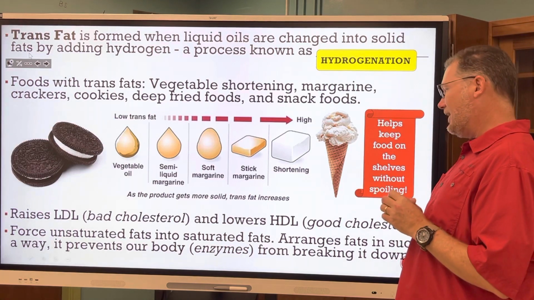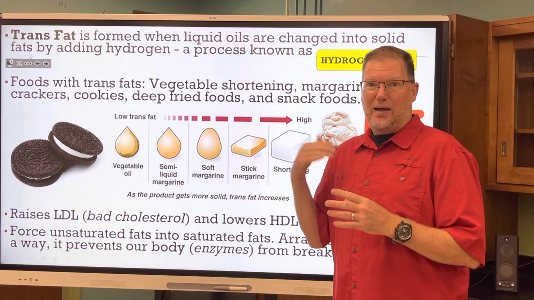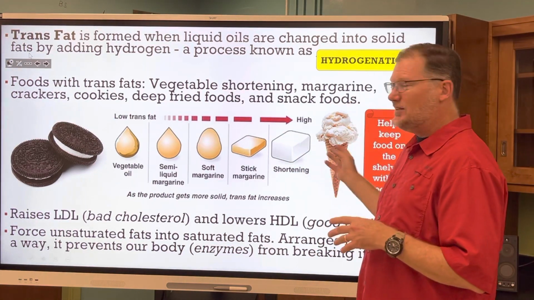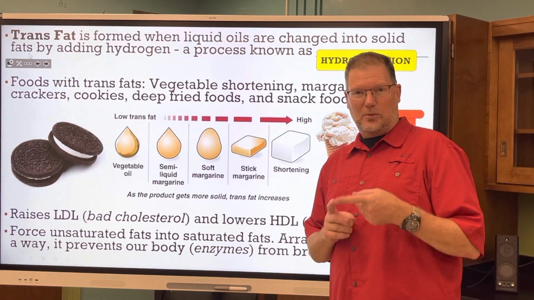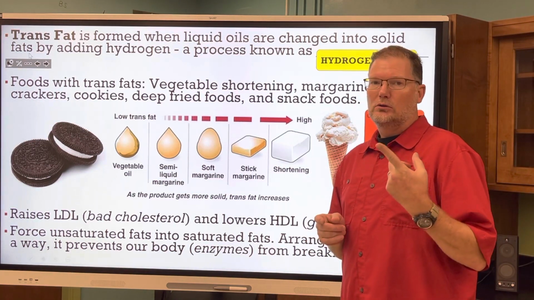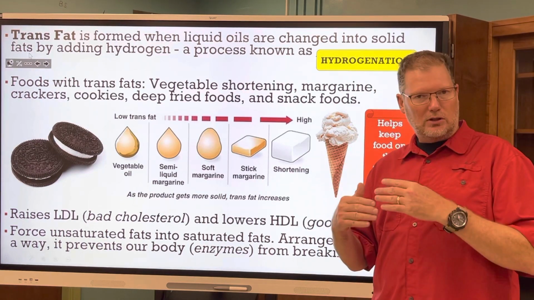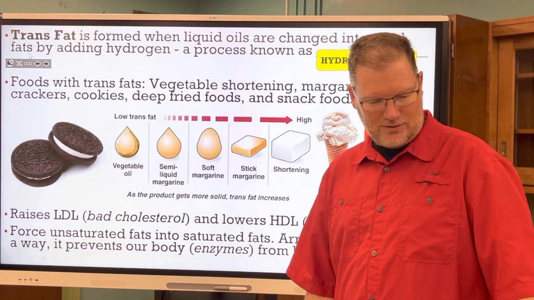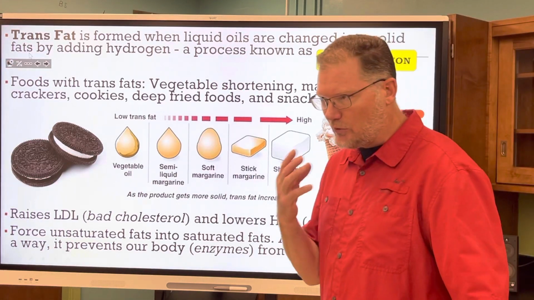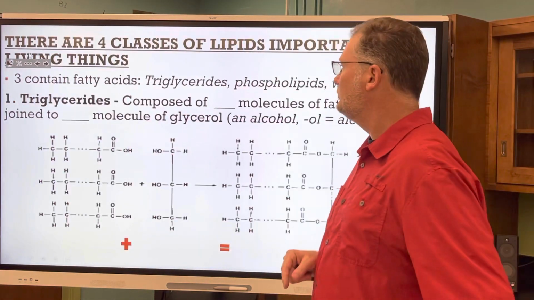So it kind of passes right through you. So when you eat some of this stuff, it might upset your tummy, or too much of it, you might have some problems in the bathroom, okay? So just got to be careful with what you're eating and how much you're eating, okay?